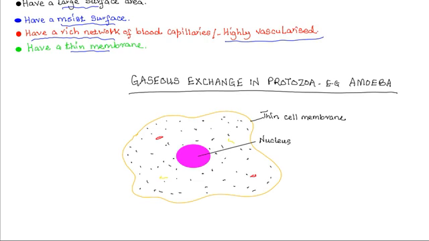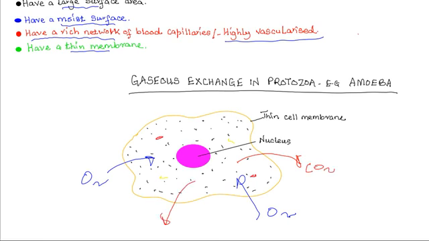So, oxygen that is dissolved in the surrounding aquatic medium simply diffuses into the body, because there's always a diffusion gradient. So while in the body, the oxygen is used for respiration, and carbon dioxide, which is a waste product of respiration, diffuses out.